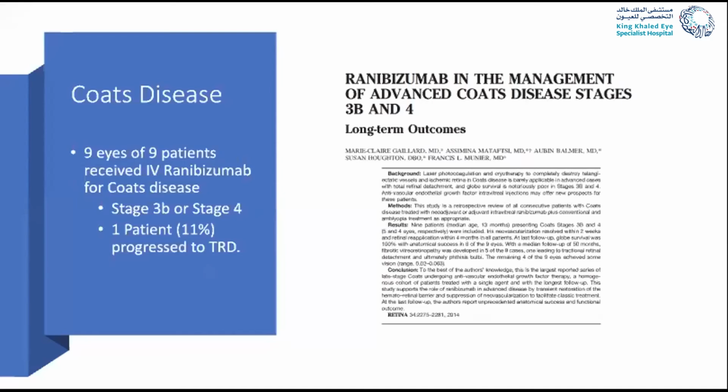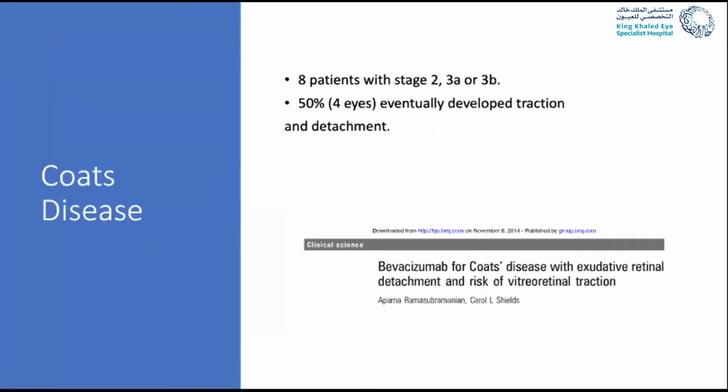This is only about 11%, and this happened after a 9-month follow-up. Unfortunately, this patient also developed ptosis eventually. Another report about Coats disease mentioned the analysis of 8 patients, in this case with stage 2, 3A, or 3B. But their incidence was much higher. They found that around 4 eyes, or 50% of the eyes of the patients, eventually developed fibrosis and tractional retinal detachment.